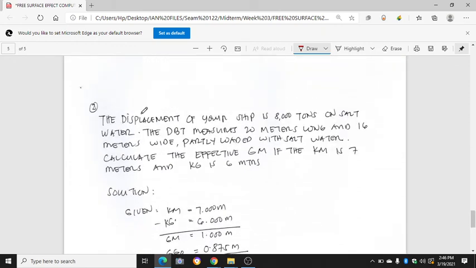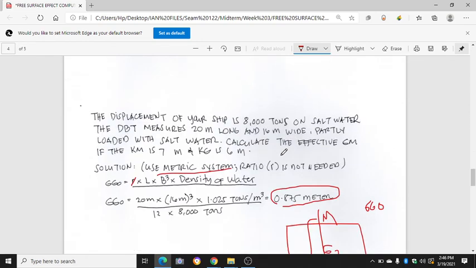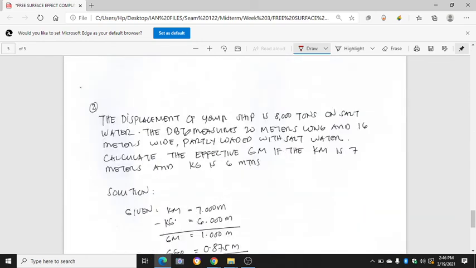Now, in connection with the problem solving here: the displacement of your ship is 8,000 tons in salt water. The double bottom tank measures 20 meters long and 16 meters wide, partly loaded with salt water, slack. Calculate the effective GM if the KM is 7 meters and the KG is 6 meters.